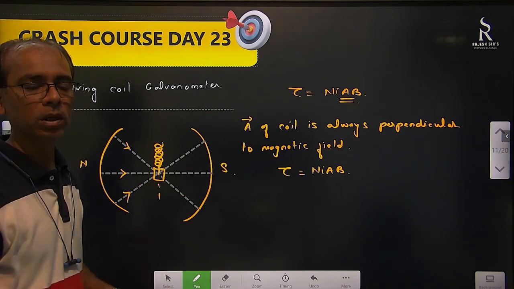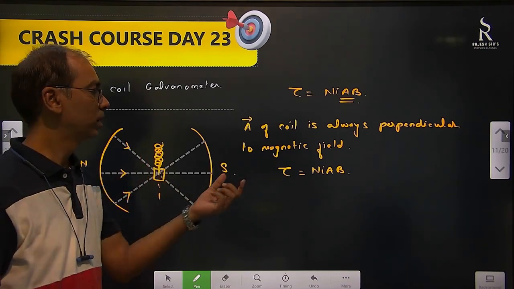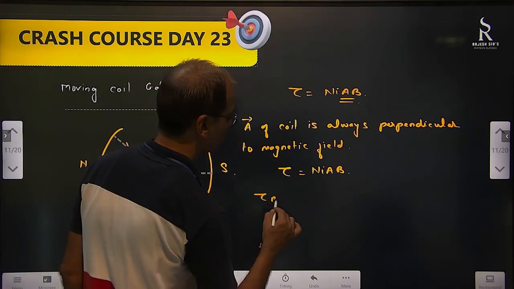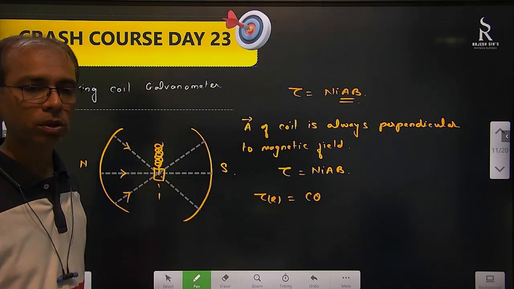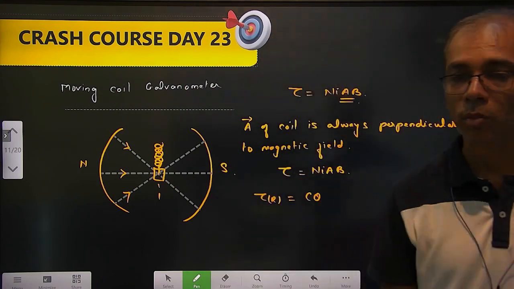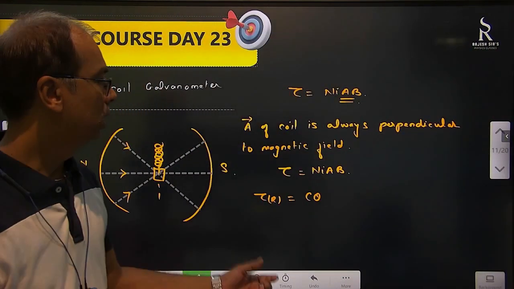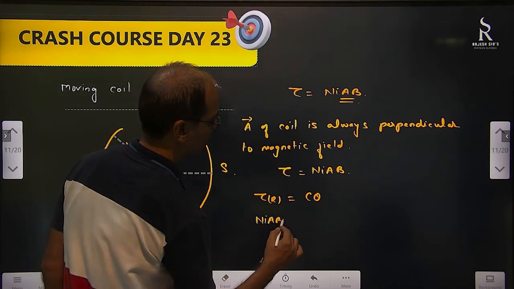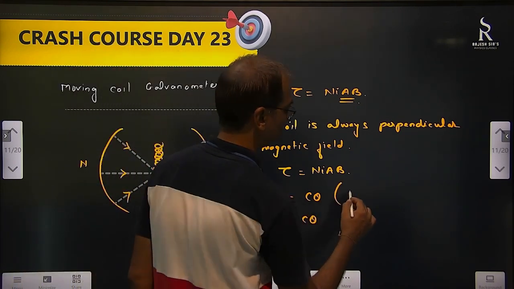When the restoring torque in the spring becomes equal to NIAB, it will stop. The restoring torque in the spring we write as C theta. It is proportional to how much you twist it; the more the twist, the more this torque. So in equilibrium, we equate both: NIAB equals C theta. And what is this C? C is the torsion constant.